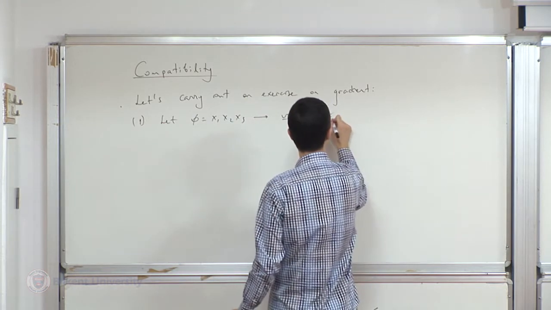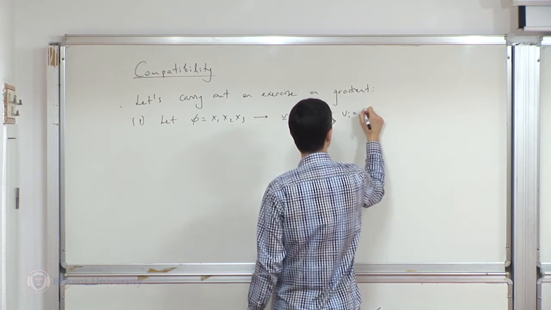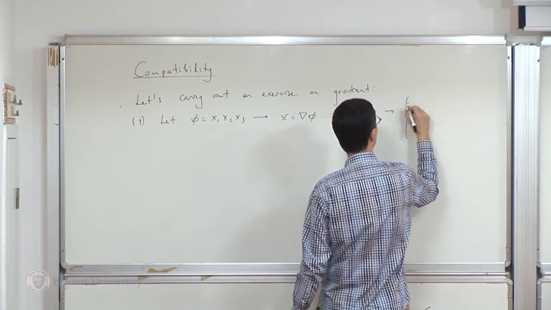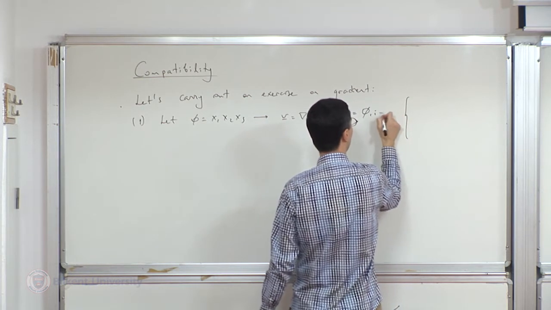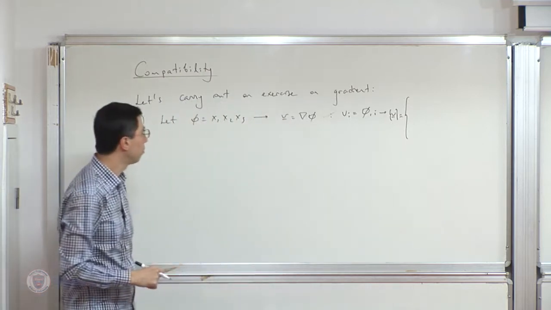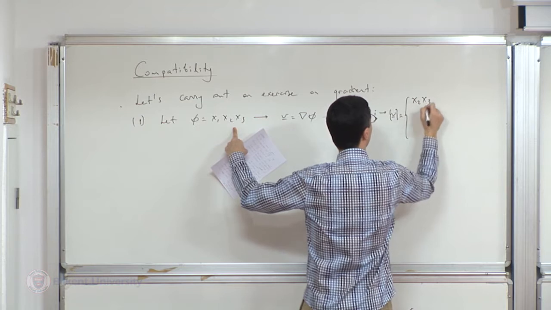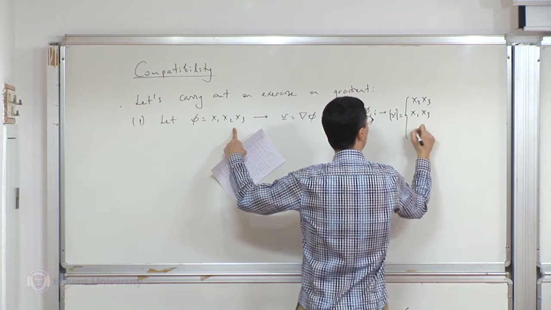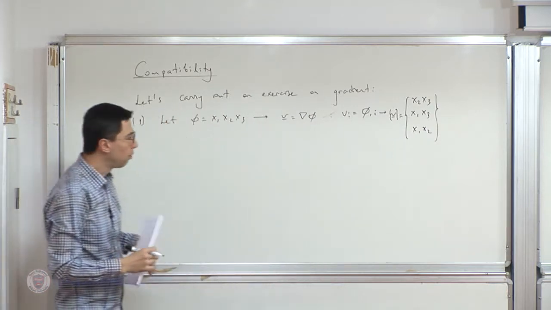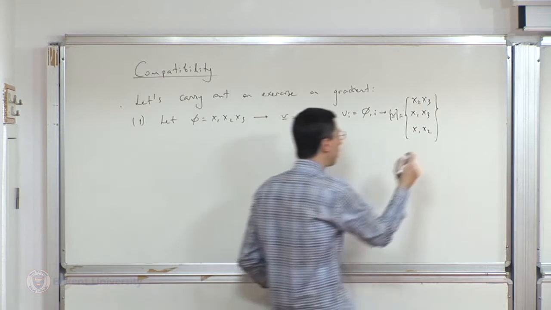The components are v_i equals phi comma i, and therefore when I put the vector into an array, it's going to be x2, x3, then x1, x3, and the last one is x1, x2.